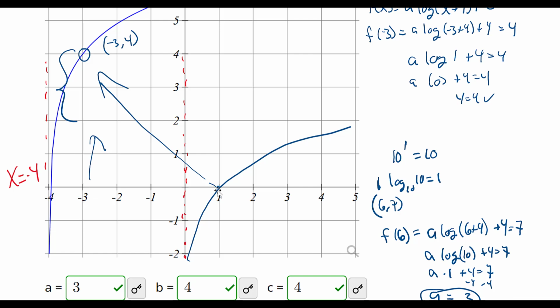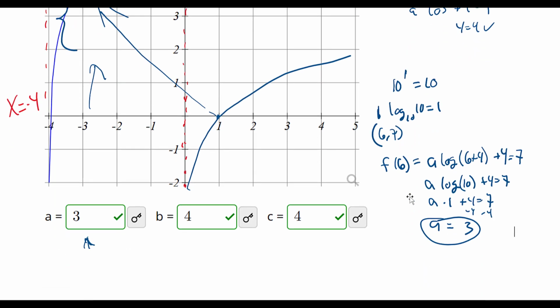The other one is kind of a guesstimate too. I hate to say it that way. If we were to say 10 to the negative 1 equals 1/10, right? So log base 10 of 1/10 is negative 1.